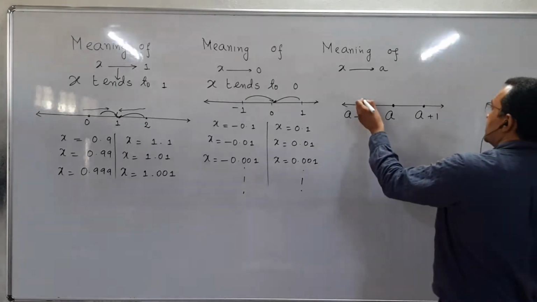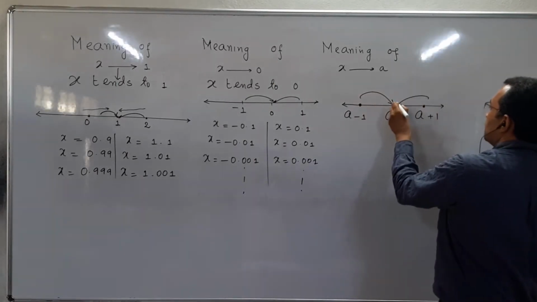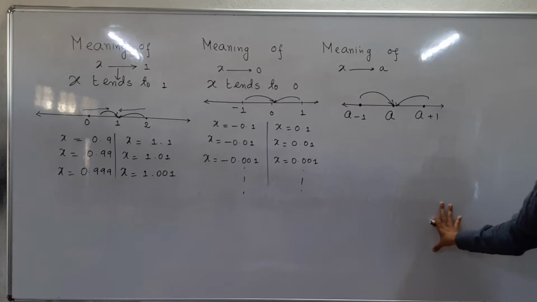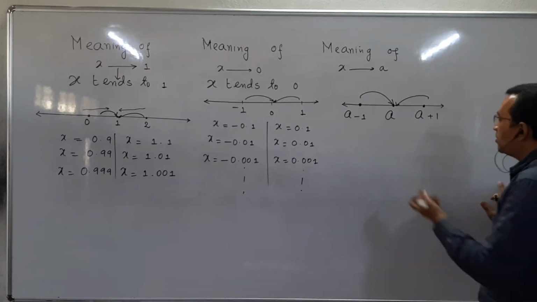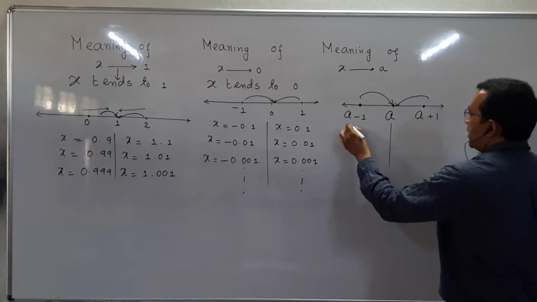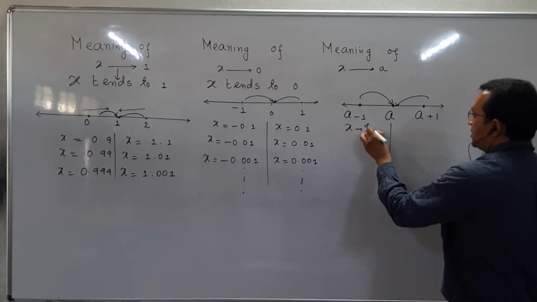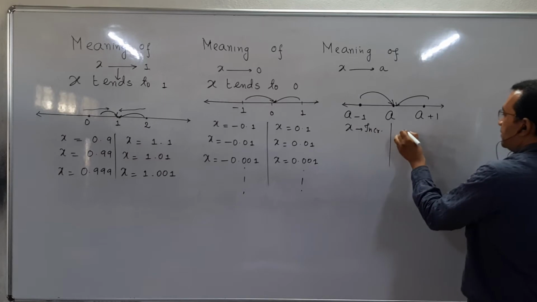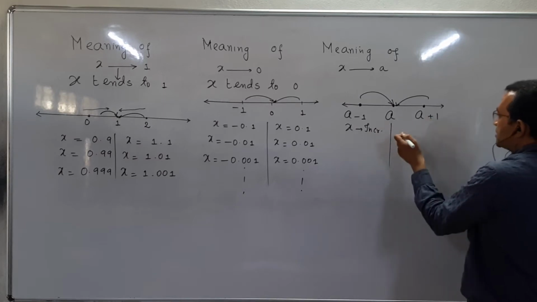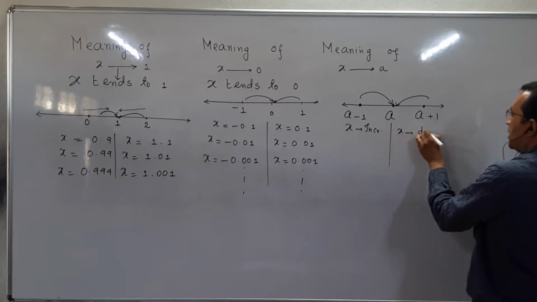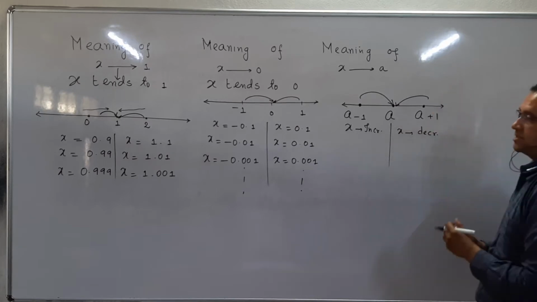One is from left hand side, other is from right hand side. Clear? Now, when we come from left hand side towards a, the values of x always increases, and when we come from right hand side towards a, value of x always decreases.